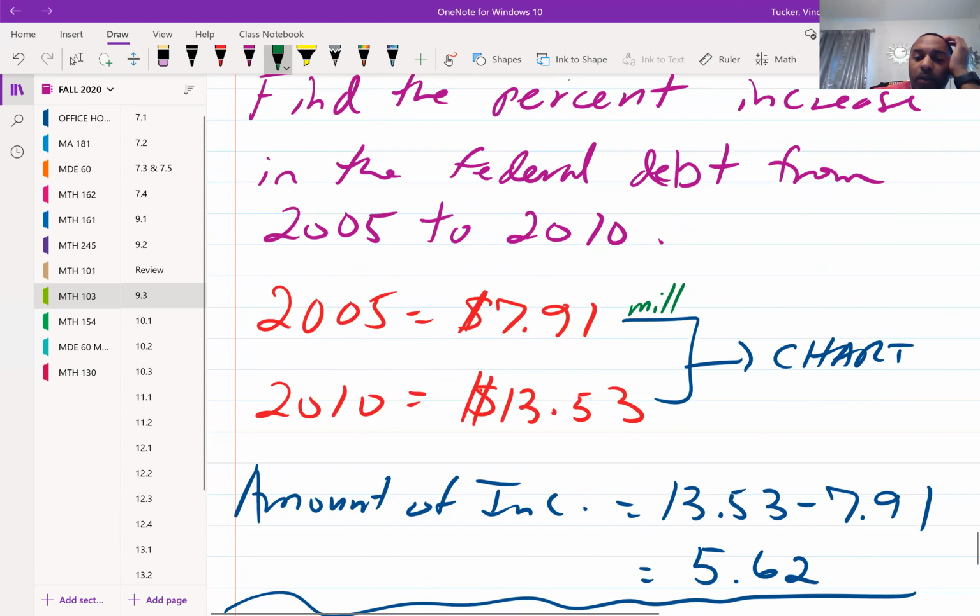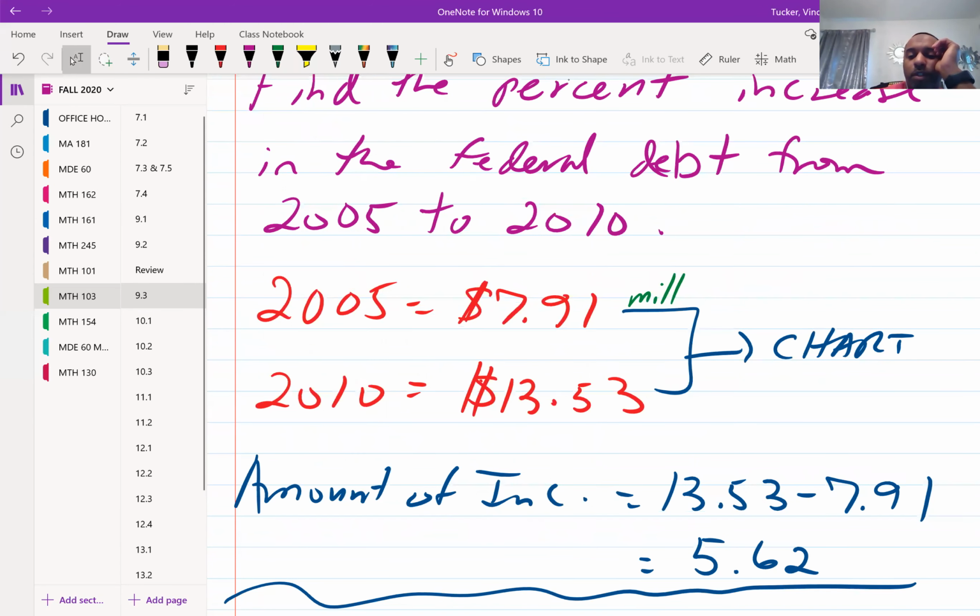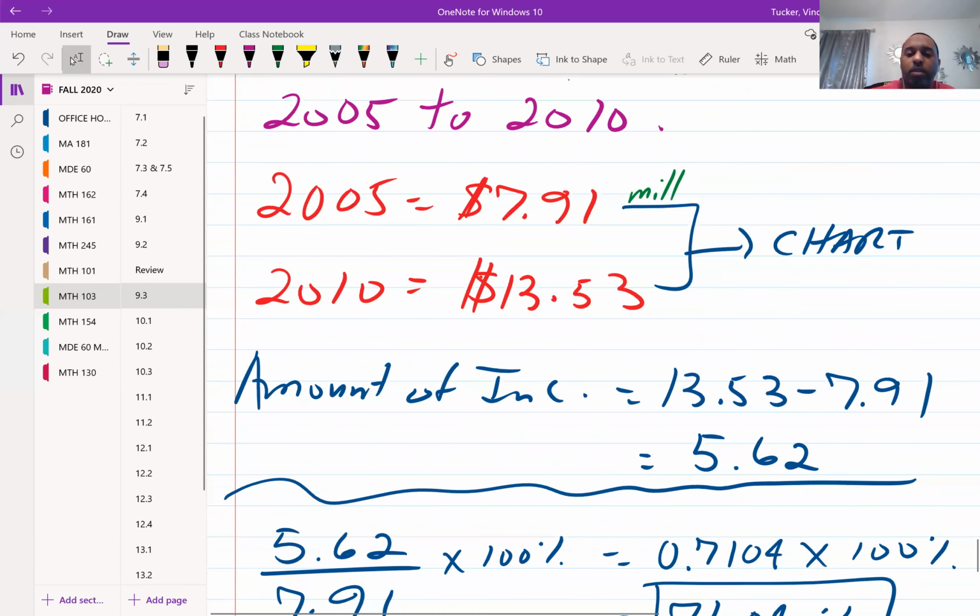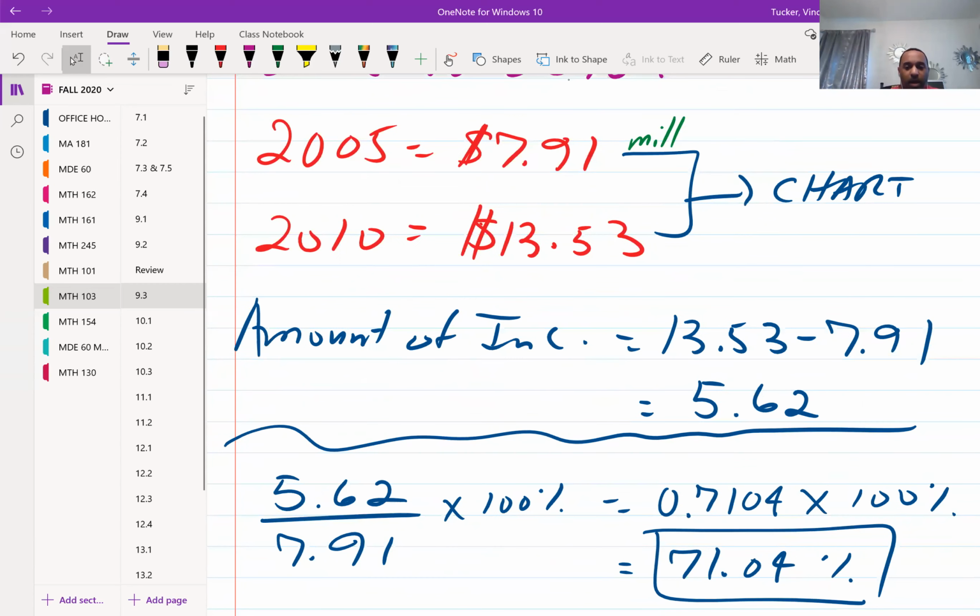So to find the amount of increase, you subtract those two numbers from each other. Same thing if you want to find the amount of decrease, just subtract those two numbers from each other. Then you take that number, divide it by the original, and multiply it times 100%.